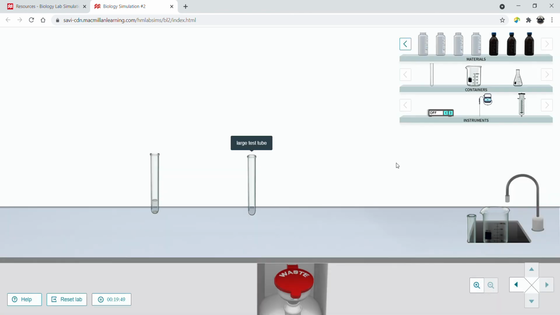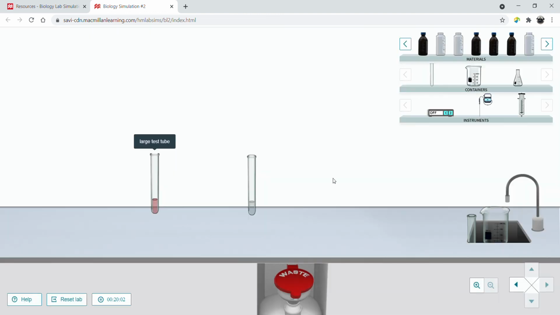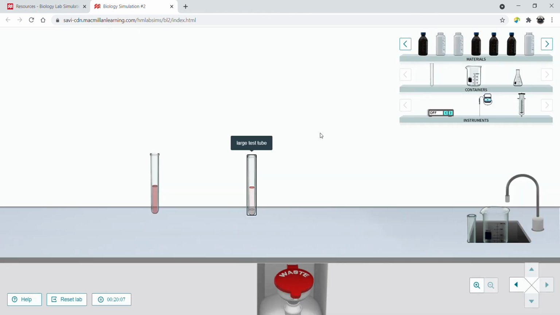Then we're going to add Sudan 3. Okay. So here's our potato juice. And here is our milk.